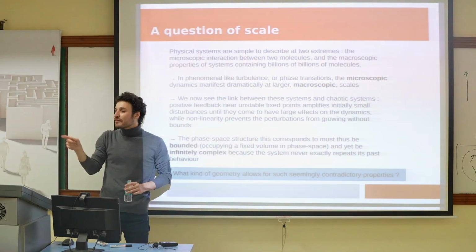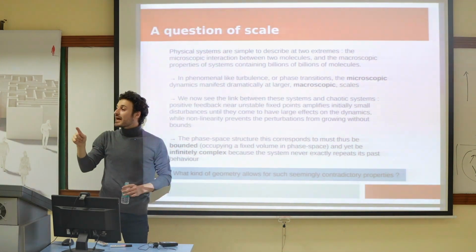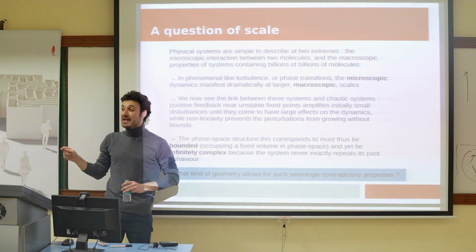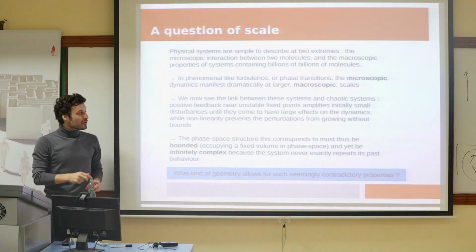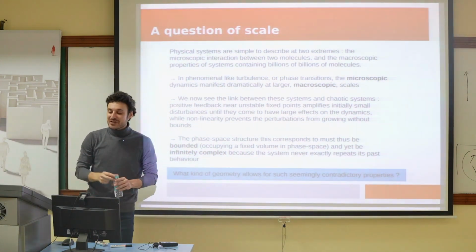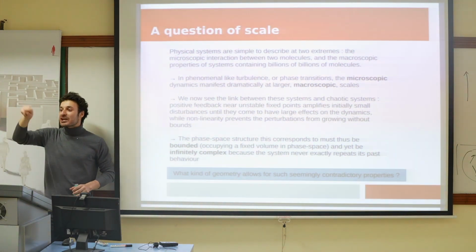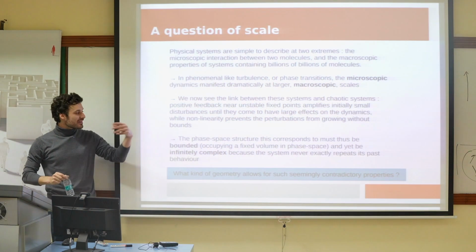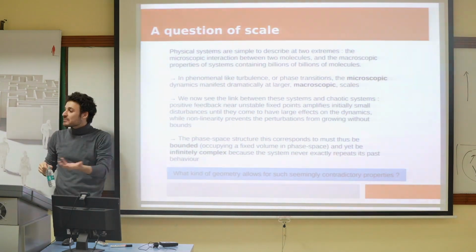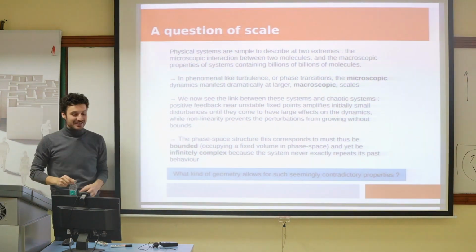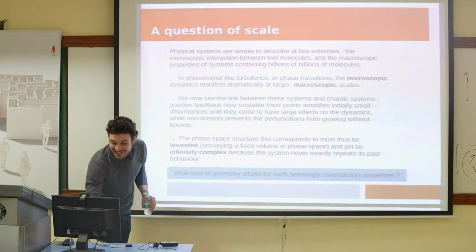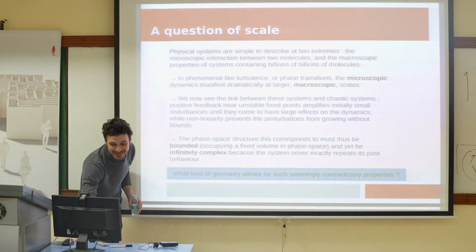Because with the Duffing oscillator, for instance, it became chaotic, and when it's chaotic, it never repeats itself exactly, right? So this is very important. The question becomes, how do you fit these infinitely complex trajectories which never cross into a bounded space, right? And we'll see that the answer is fractals, but I'm getting ahead of myself a little bit.